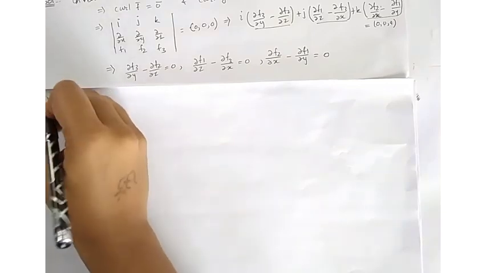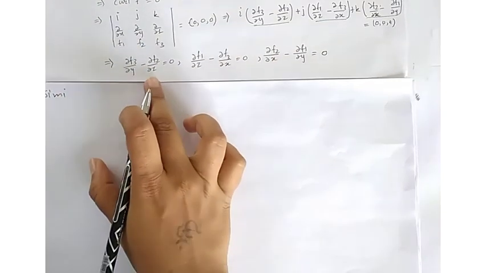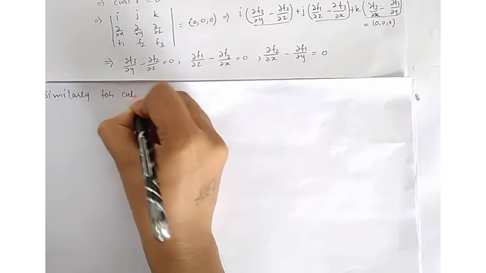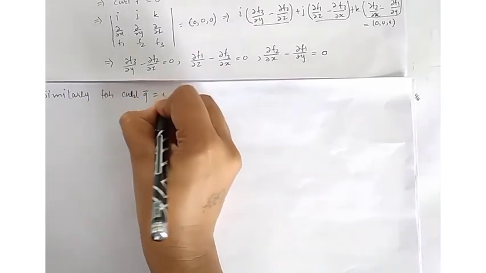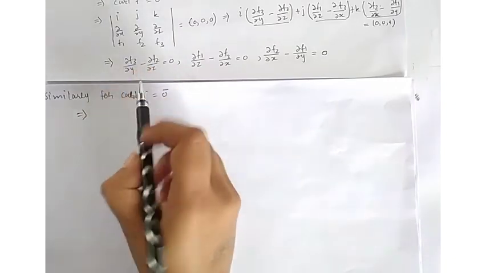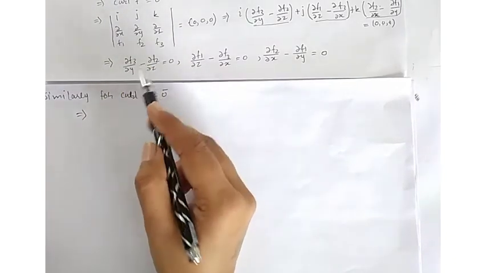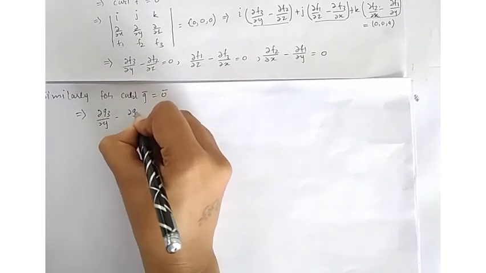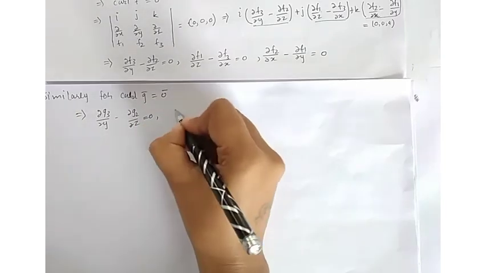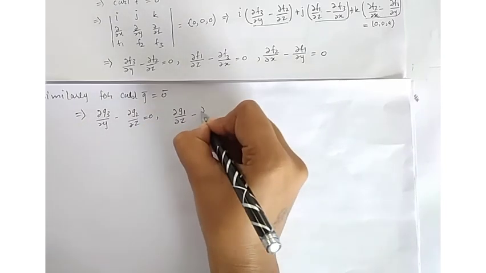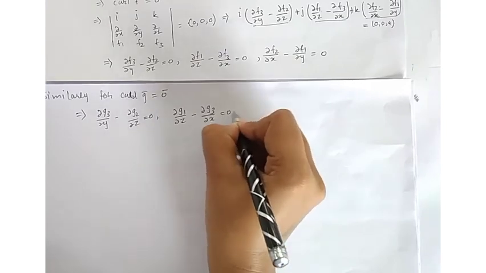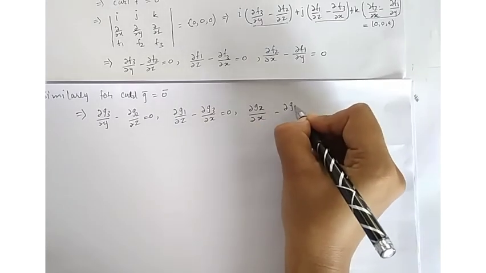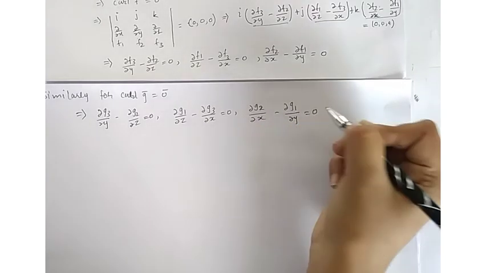Now similarly, curl g bar is equal to the 0 vector implies that, instead of f, we write g, so del g3 by del y minus del g2 by del z is 0, del g1 by del z minus del g3 by del x is 0, and del g2 upon del x minus del g1 upon del y is 0.